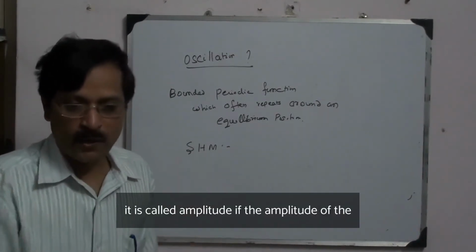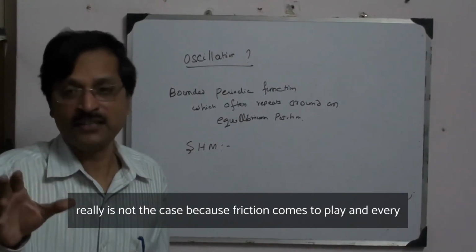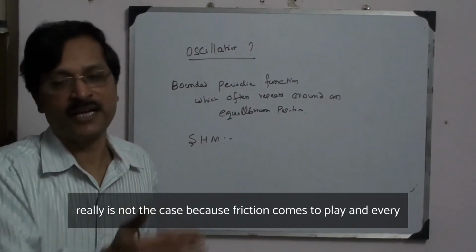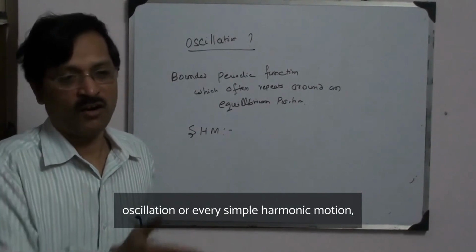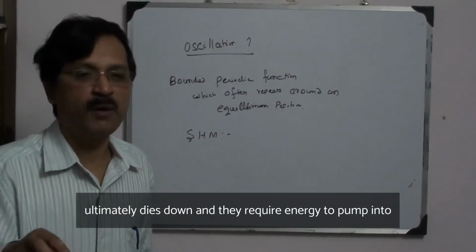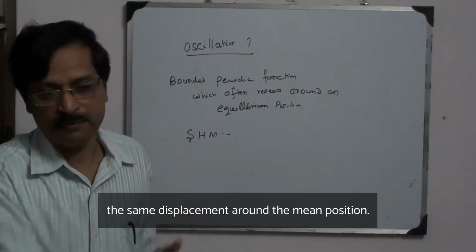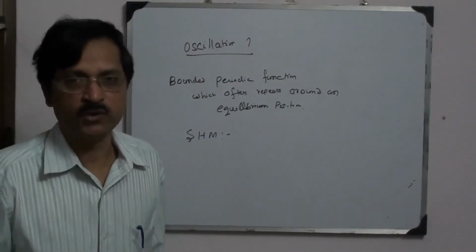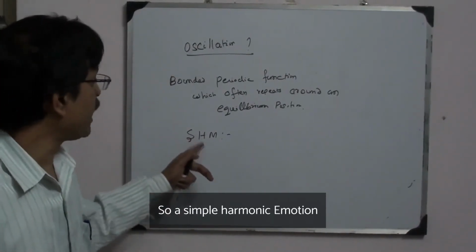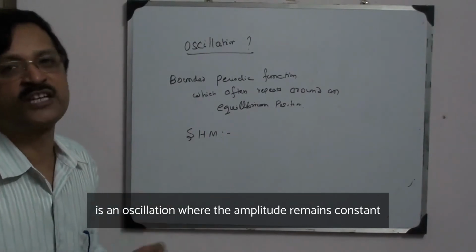If the amplitude of the motion remains the same over time, which really is not the case because friction comes into play and every simple harmonic motion ultimately dies down, and they require energy to be pumped into the system to make it oscillate back and forth with the same displacement around the mean position. So a simple harmonic motion is an oscillation where the amplitude remains constant over time.